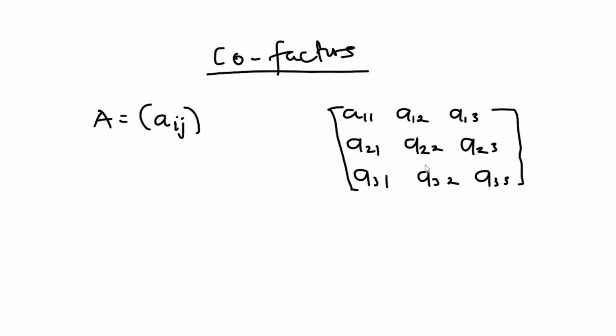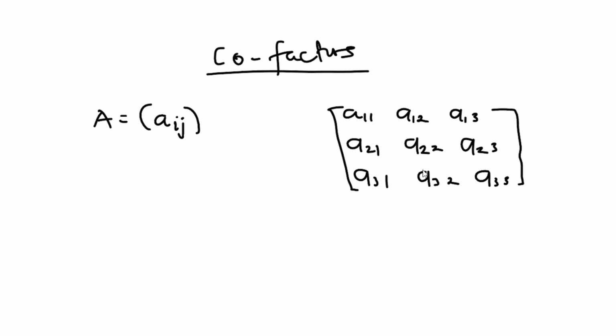Now each element gives rise to a cofactor. If I take each entry, it should give me a cofactor, which is simply the minor of the element in the determinant together with its place sign.